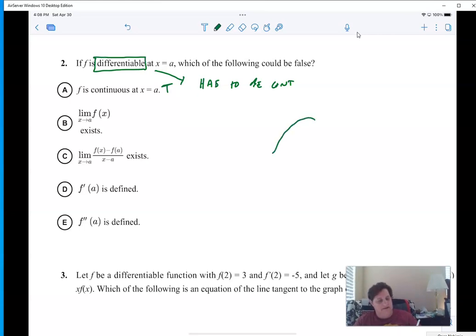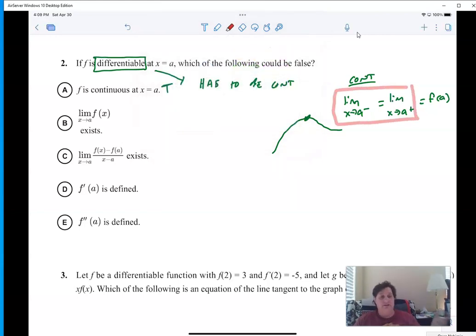If it has to be continuous, the definition of continuous is that the limit as I approach a from the left has to equal the limit as I approach a from the right, has to equal the point. That's the definition of continuous, you guys. This is the definition of the limit existing. The limit existing is kind of part of the definition of continuous. That has to be true.